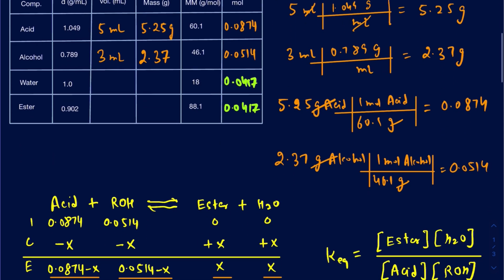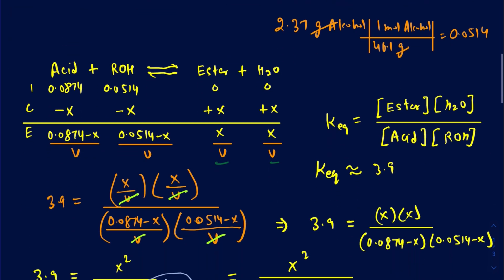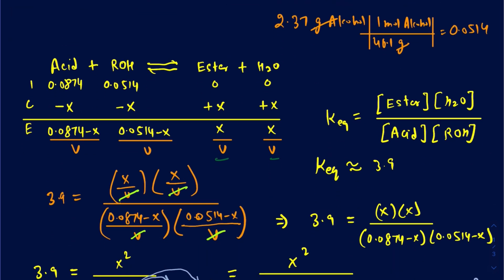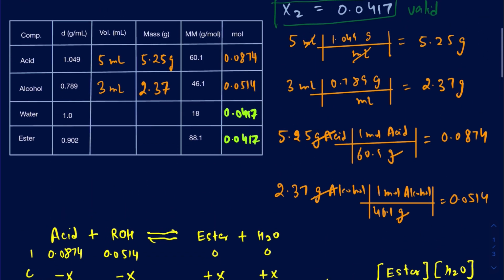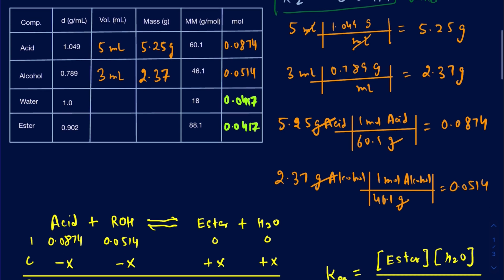I could care less how much acid and alcohol we are leaving; you can certainly calculate that by plugging in the value of x here. But what we're really trying to figure out is how much ester you eventually get to make. Since I now know how much ester I have made in moles, I can go back and figure out the mass of the ester and eventually the volume of the ester. So now I'm working it backward.